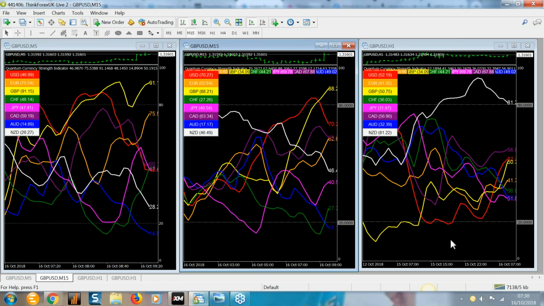So you can download multiple versions and create what we call buckets or silos, if you like. You can have your indicators on one, your trend indicators on another, and different pairs, and it allows you to look across the 28 pairs without having everything on the one account.